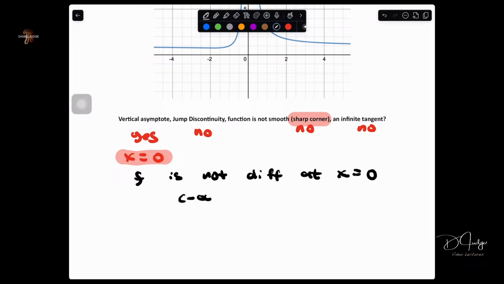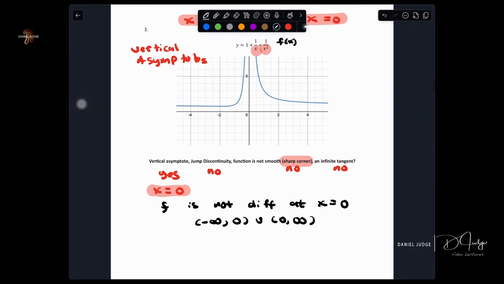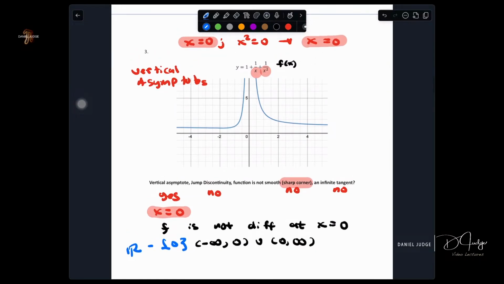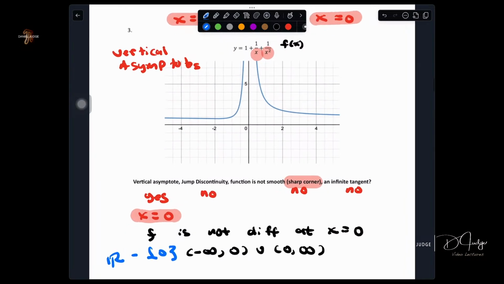And so what that looks like in interval notation is you throw out 0. So it's differentiable everywhere else for all real numbers, but you're going to minus that point 0. Throw it out. And that's really what we want you to notice about this.